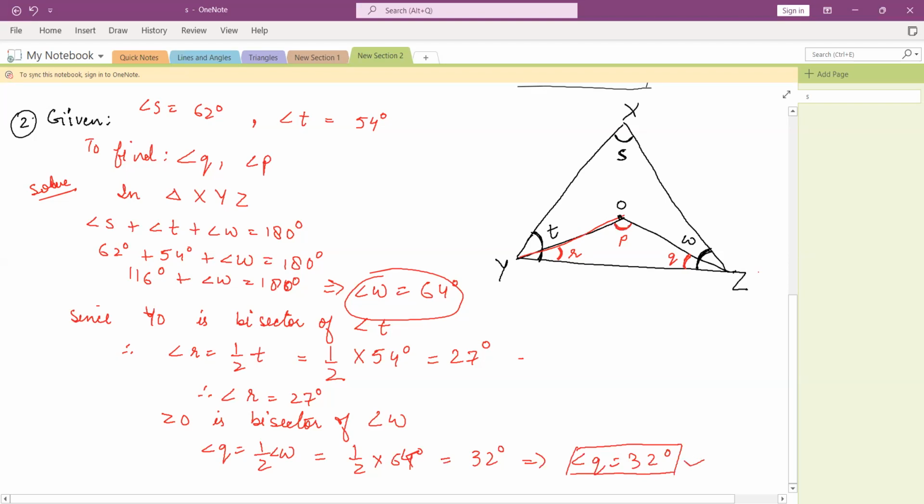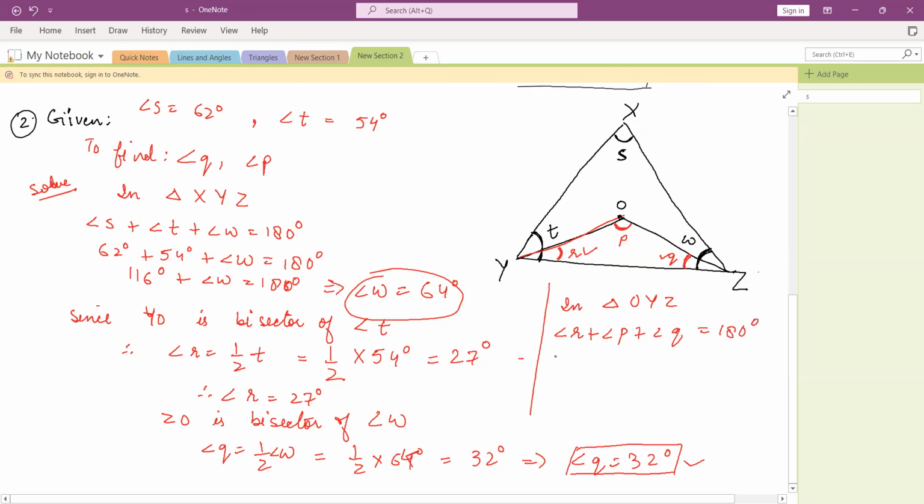For this angle, we can look at the small triangle OYZ. Again, use the angle sum property because we already know the value of angle R and angle Q, so we can find the remaining angle. Angle R plus angle P plus angle Q is equal to 180 degrees.